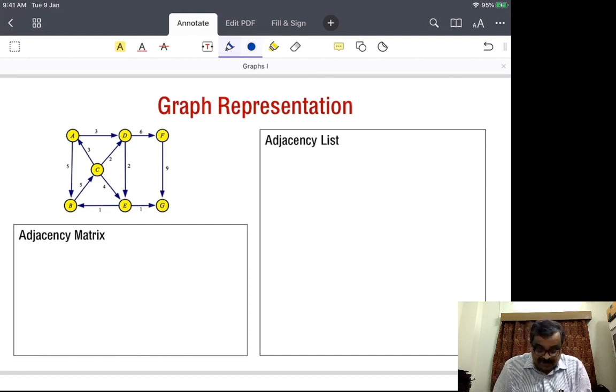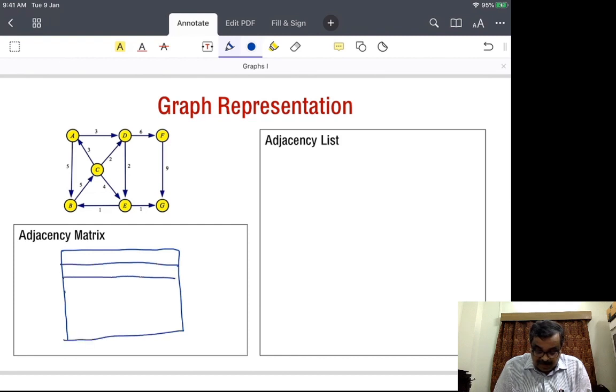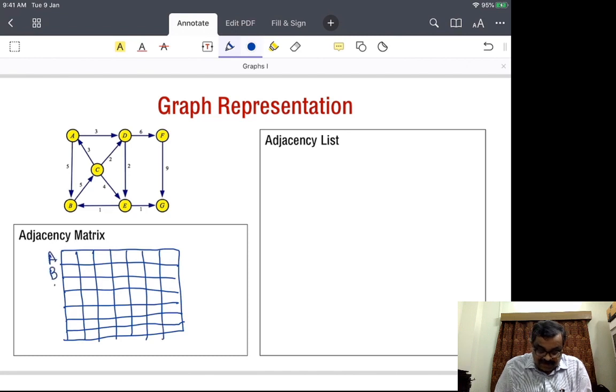So this graph has 7 nodes, labeled A, B, C, D, E, F, G, and both the rows and columns of the matrix would be A, B, C, D, E, F, G.